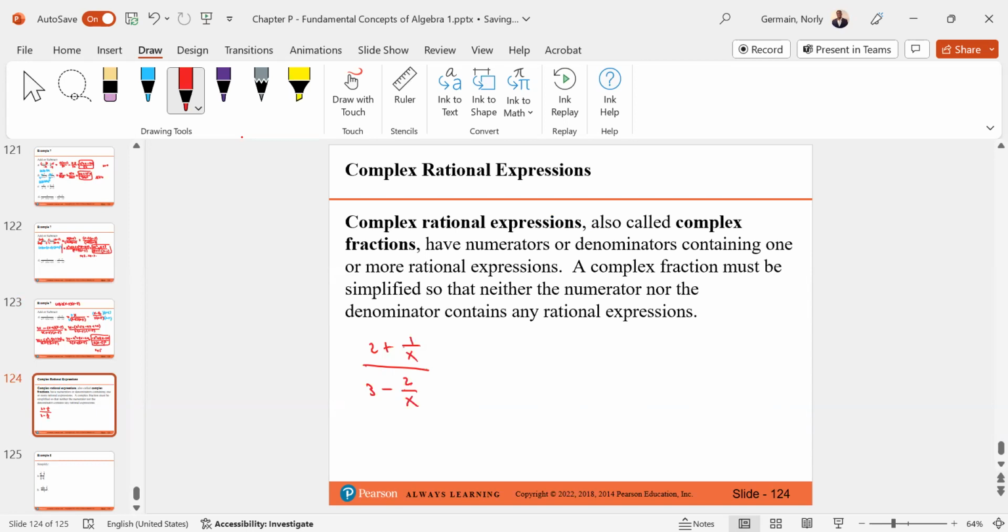They have numerators or denominators containing one or more rational expressions. So a complex fraction must be simplified so that neither the numerator nor the denominator contains any rational expressions.